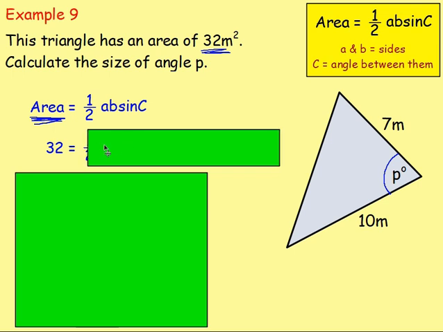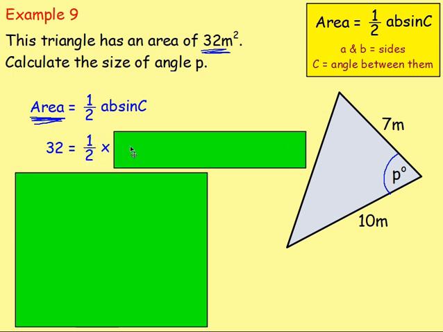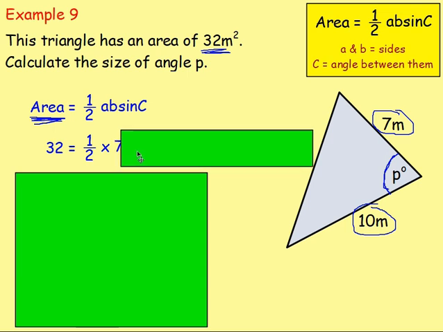But let's sub in. So it's going to be a half times by, what are A and B going to be? Well, it's two sides and the angle between them. So A and B are just going to be the two sides either side of the angle that we want to find. Perfect. So it's going to be the 7 and the 10. And it doesn't matter which way around you have it.